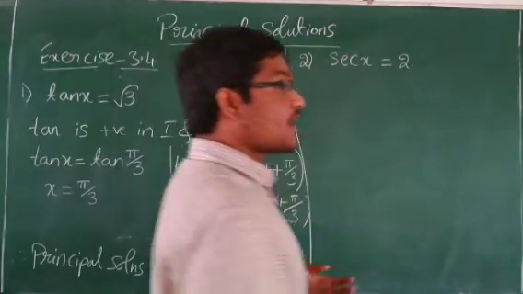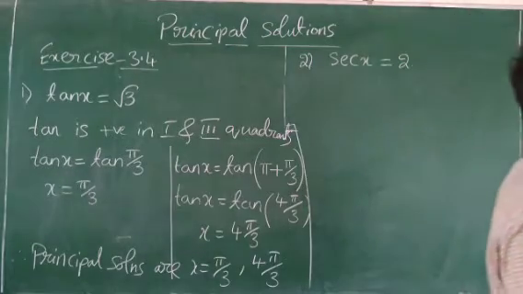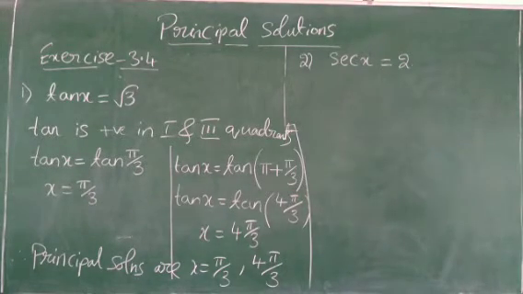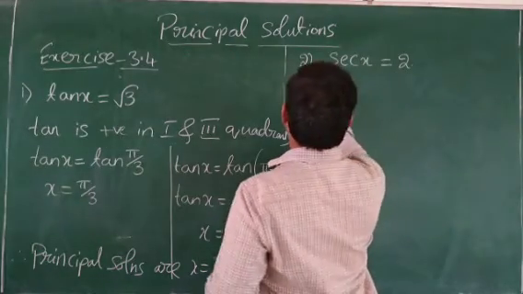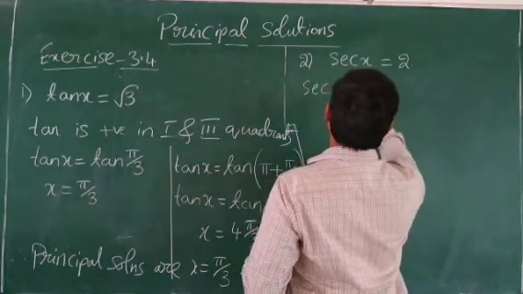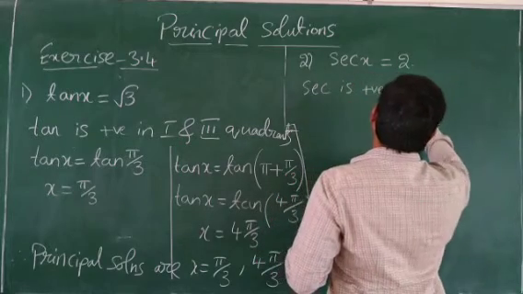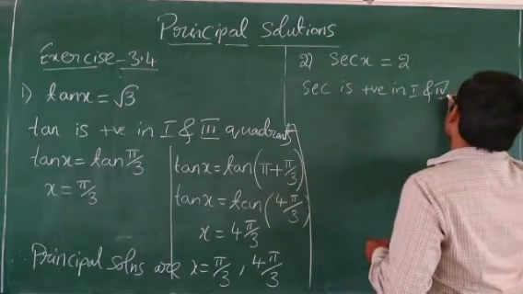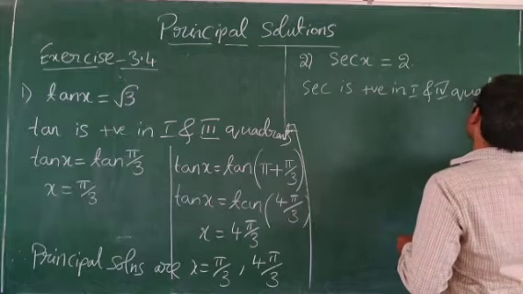In which quadrants do we get cos and secant positive? In the first quadrant and in the fourth quadrant. So we get secant is positive in first and fourth quadrants.